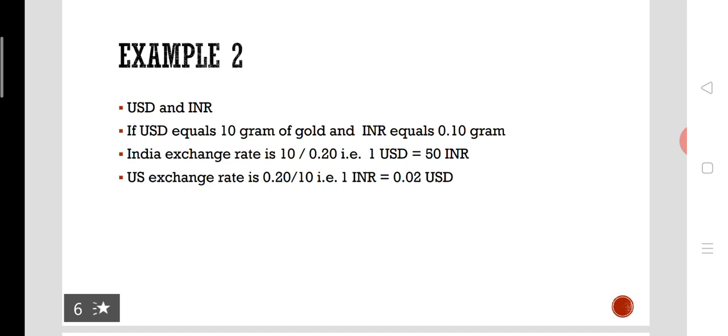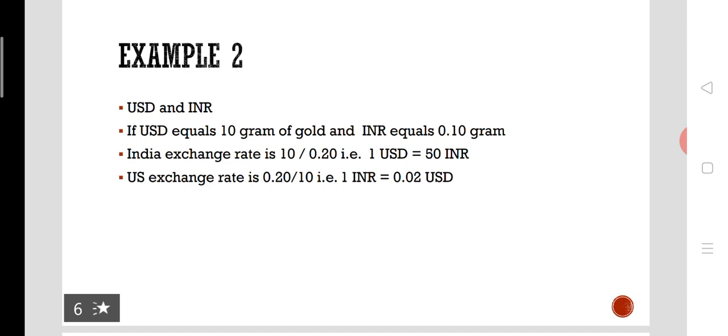So India's exchange rate is 10 by 0.1. 10 is the value of 1 US dollar in terms of gold, and 0.1 is the value of the Indian rupee in terms of gold. Then 10 by 0.1 is 100. In this example, by mistake it was said 10 by 0.2. If it is 10 by 0.2, then 1 US dollar will be equal to 50 Indian rupees.